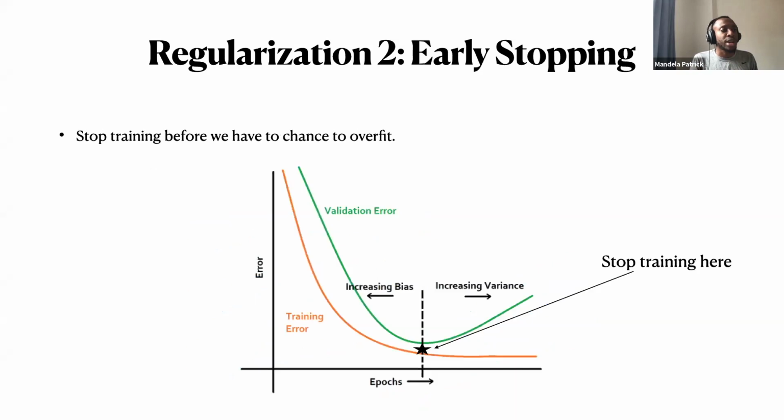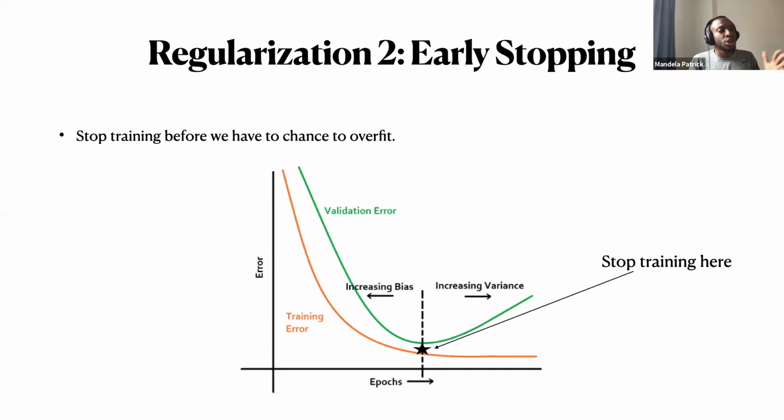The last regularization approach is early stopping. Here we essentially stop the training before it has a chance to overfit. So you have your training error, which is in orange, which is supposed to go down. You want your loss to decrease.